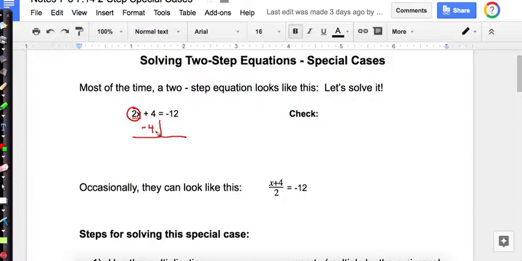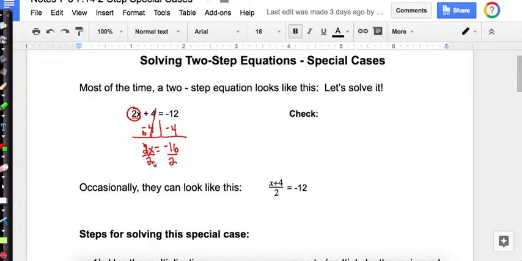Good, we subtract 4 from both sides. What happens to the 4? Good, it cancels and equals 0. So 2x equals, what's negative 12 minus 4? Good, negative 16. The opposite of multiplication is division, so we're going to divide both sides by 2.